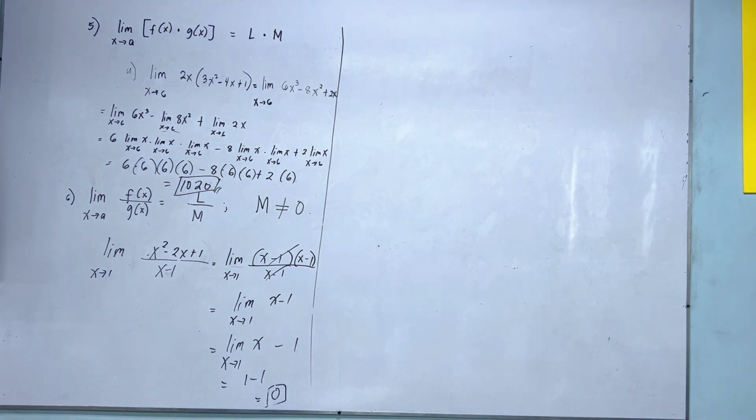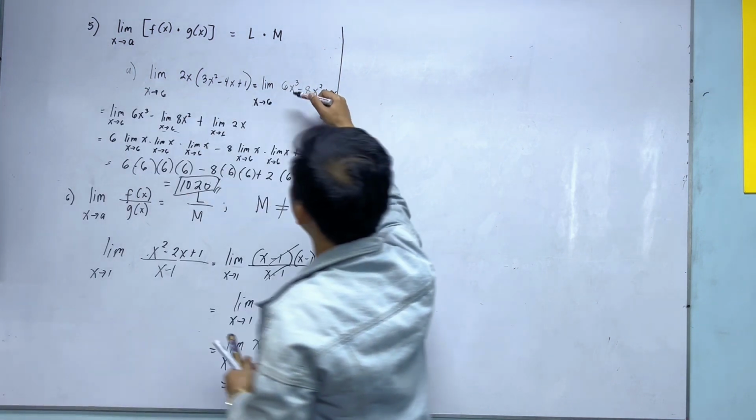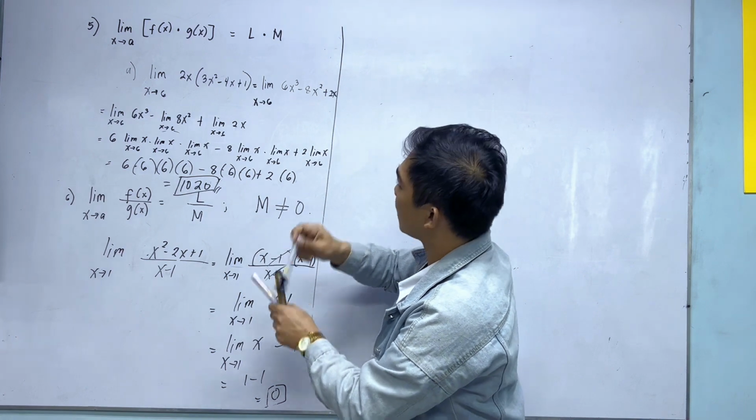Sa number 3, 3 times 5, 15. We have negative 7 squared, 49 times 2, 98. Pwede ba ganyan? 3 times 5, 15, minus 7 times 5, so 15 minus 35, 20. O, try nga natin dito. Pag nandito na tayo, substitute na natin.